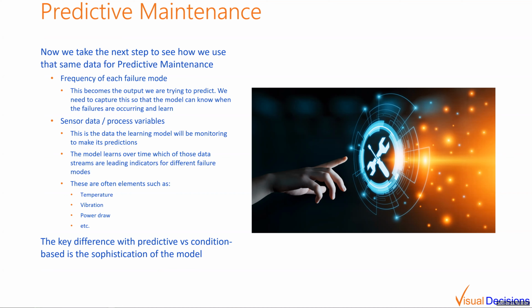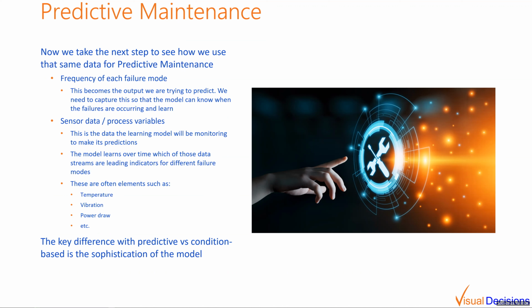So we need to capture the information about the different failure modes so that we can feed that into the model as the output variable that we're trying to correlate things to. Then the sensor data, the process variables coming from the sensors or the PLC and so forth, are the data streams, the time series data that the learning model will be monitoring to make its predictions.